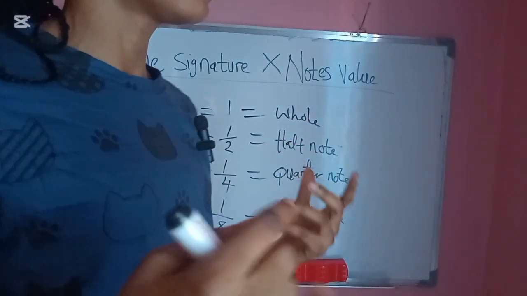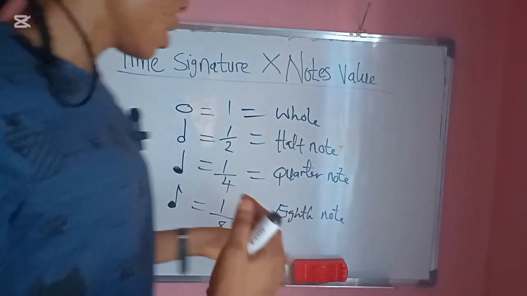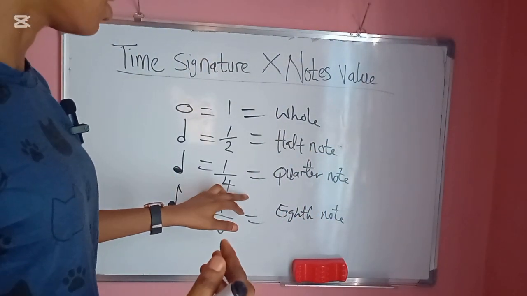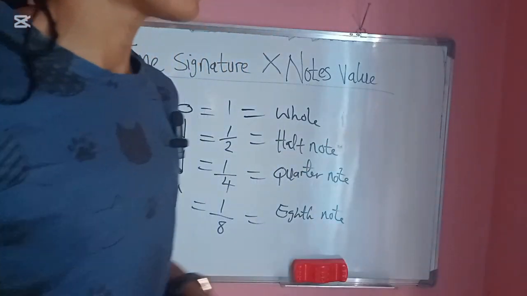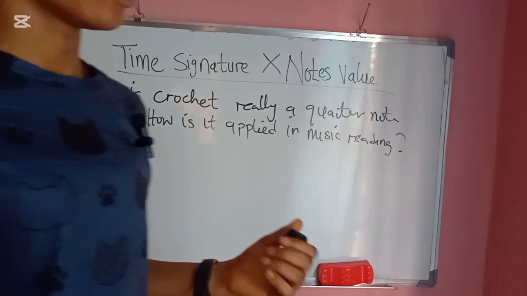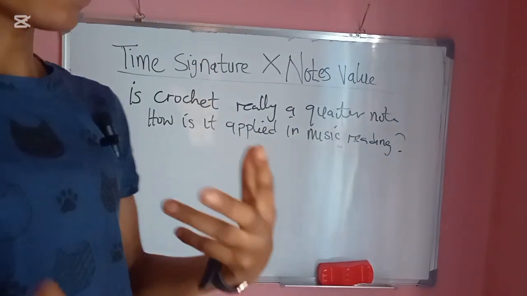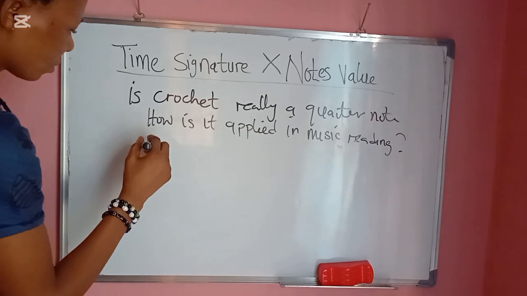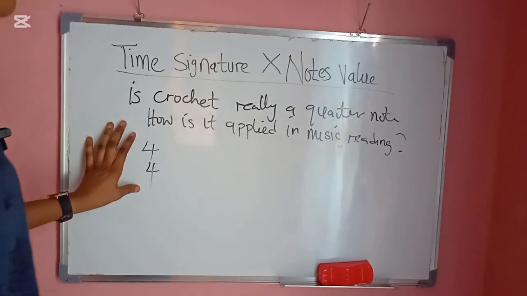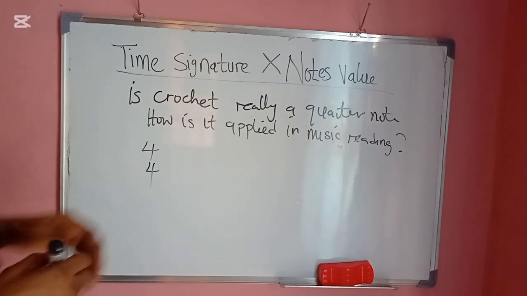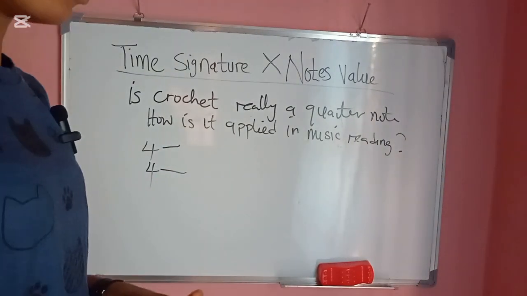Today I'm going to use common time to see how musical notation works. If truly this crochet is a quarter note, why is it called a quarter note? Stay with me. Today I'm going to use common time, as I've already said, which is 4/4. Before then, you still remember what 4/4 is. We have two numbers here, the upper number and the lower number.